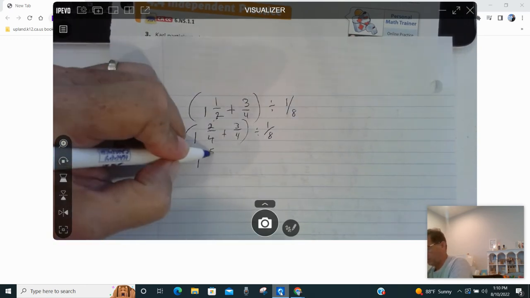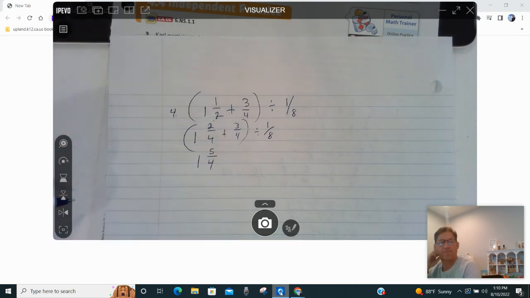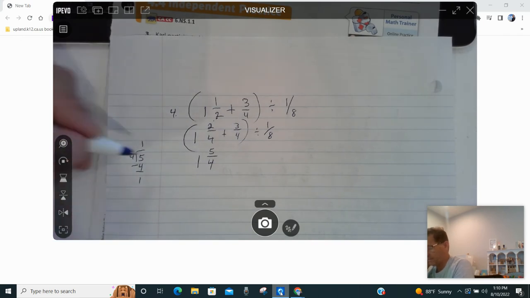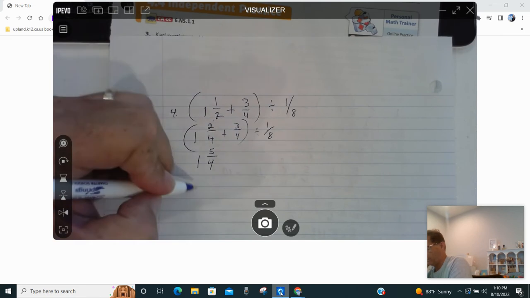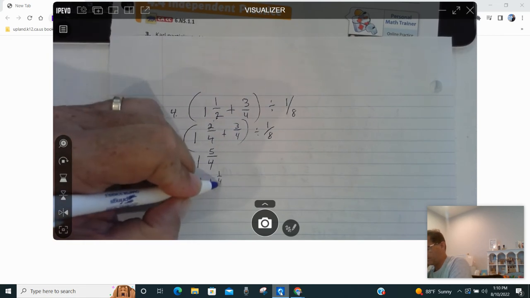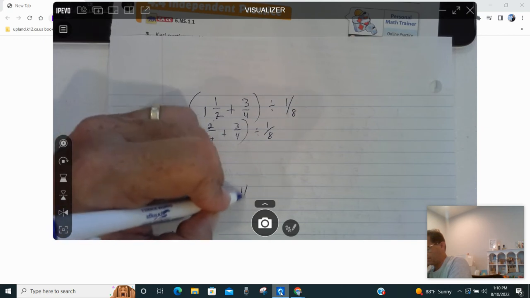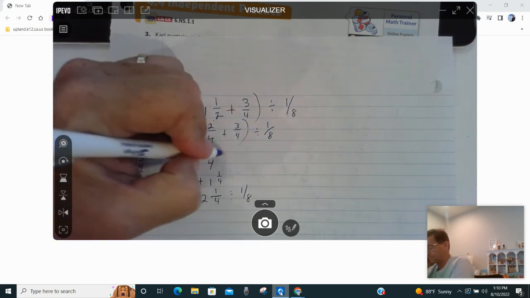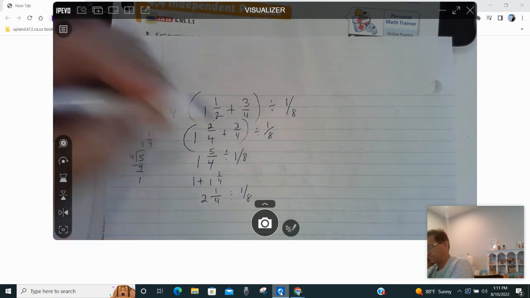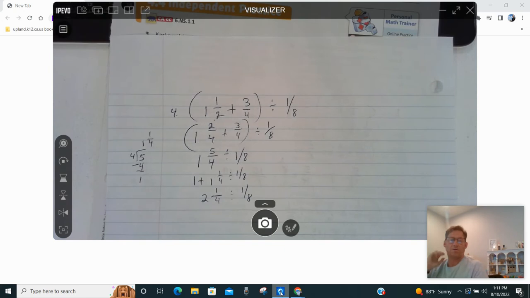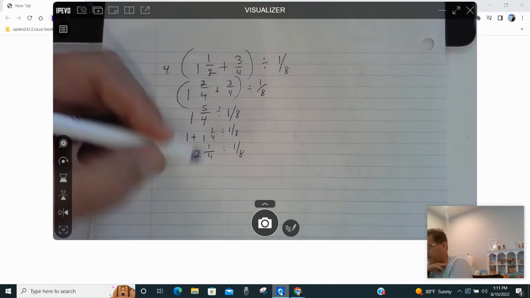So 3 and 2 is 5 over 4. 2/4 and 3/4 is 5/4. Change 5/4 into a mixed number, we'd get 1 1/4. Okay, so 2 1/4 divided by 1/8.